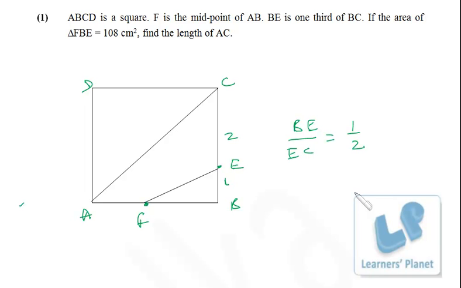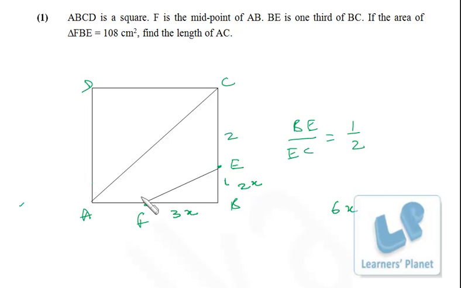See here it is a multiple of 3 and here it is a multiple of 2. So it would be easy for us if we take a common multiple of 2 and 3, that is 6. So I suppose AB is 6x. Then FB will be 3x, and BE will be 1/3 of 6x, that is 2x.